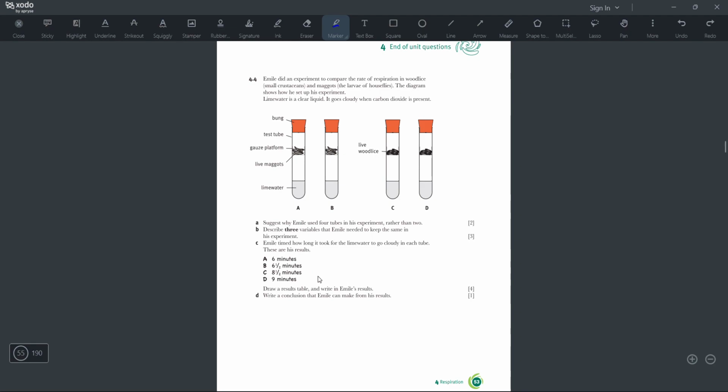That kind of checks out because your maggots are in a relatively higher period of metabolic rate and change because they're still growing nice and quickly, and they need to be able to process and grow as quickly as possible. So it makes sense that they would be able to produce more carbon dioxide more quickly.